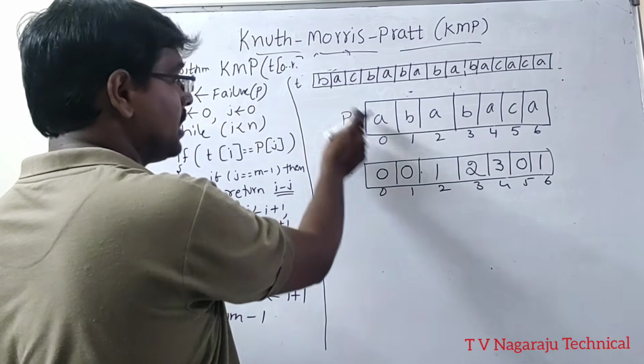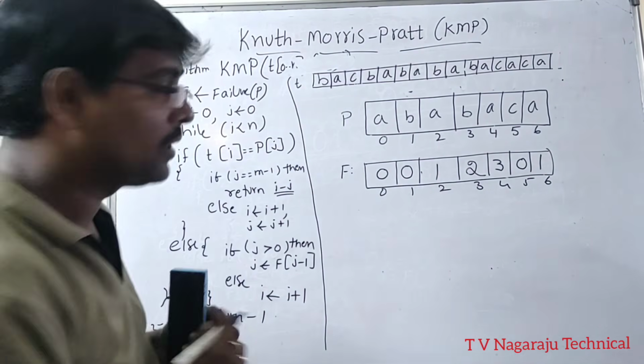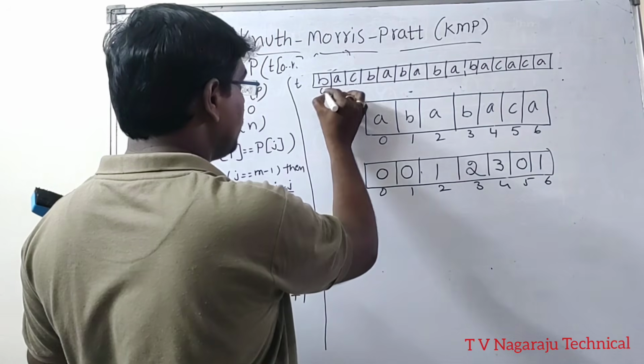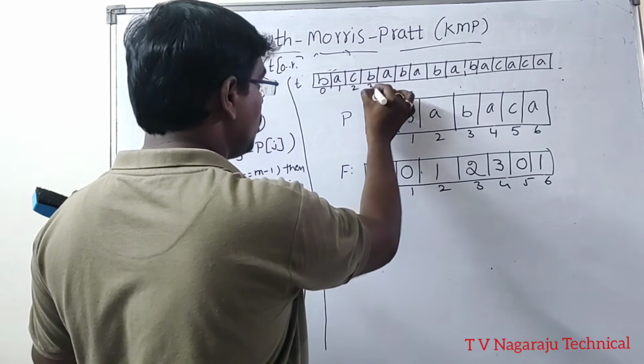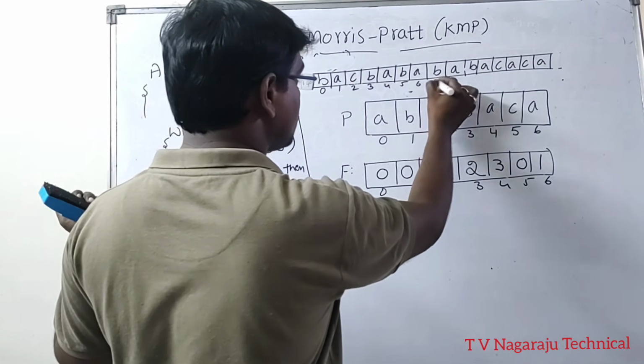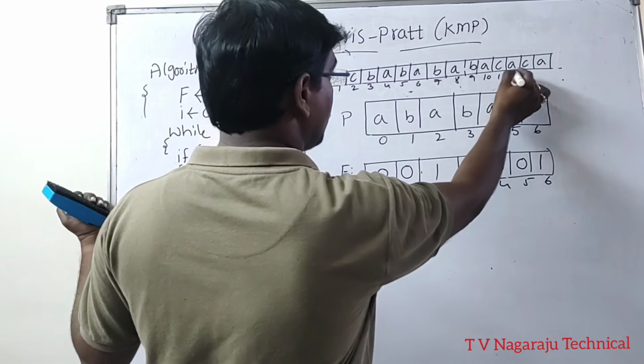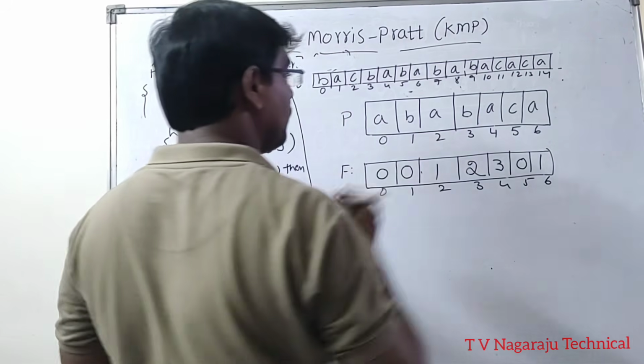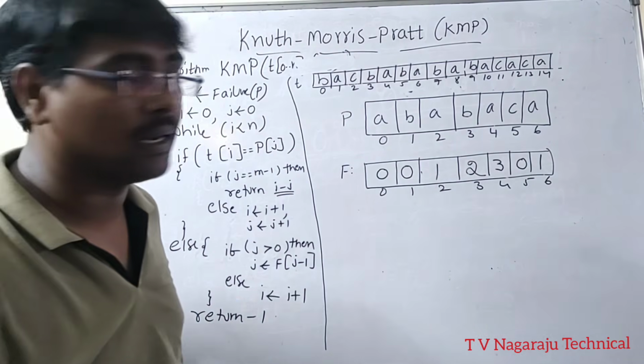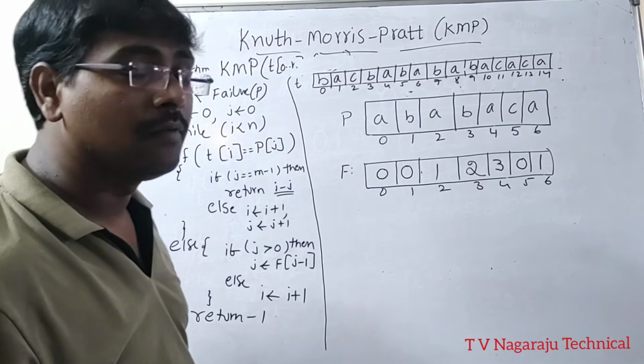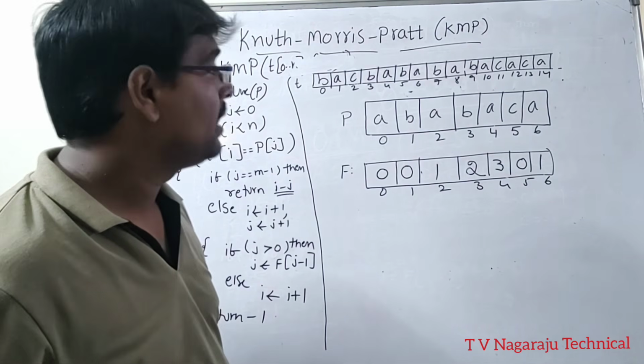This is the text, pattern and failure function or LPS table. Write down the indices also: 0, 1, 2, 3, 4, 5, 6, 7, 8, 9, 10, 11, 12, 13, 14. 15 is the length of the text.